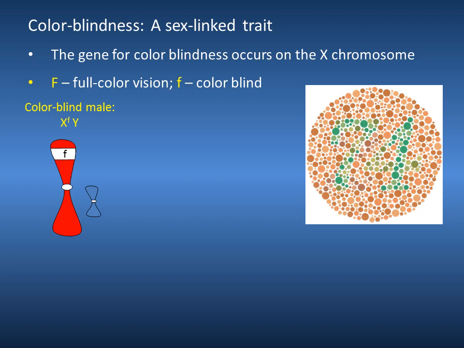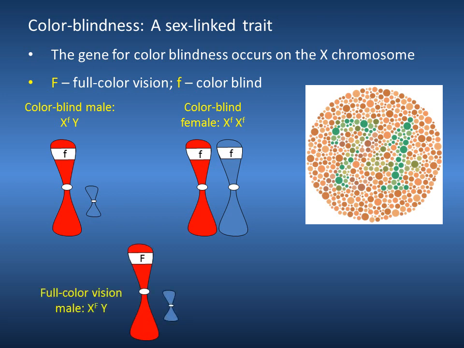So you can see this one large X chromosome, which is necessarily maternal, and the smaller Y chromosome from the individual's father, without any gene at all. Now, a colorblind female would have to be homozygous recessive, because again, she has 2 homologous X chromosomes with this gene.